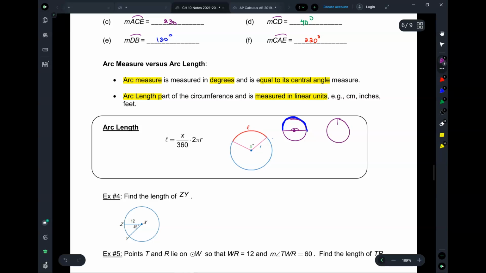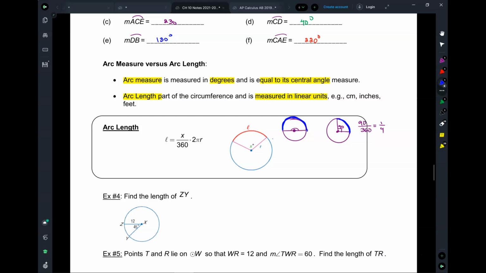Suppose I have a circle, and in here I have one radius and another radius. This is 90 degrees. 90 degrees is exactly 1/4 of the full 360 degrees, right? And in creating a 90-degree angle, how much of the circumference do I map out?